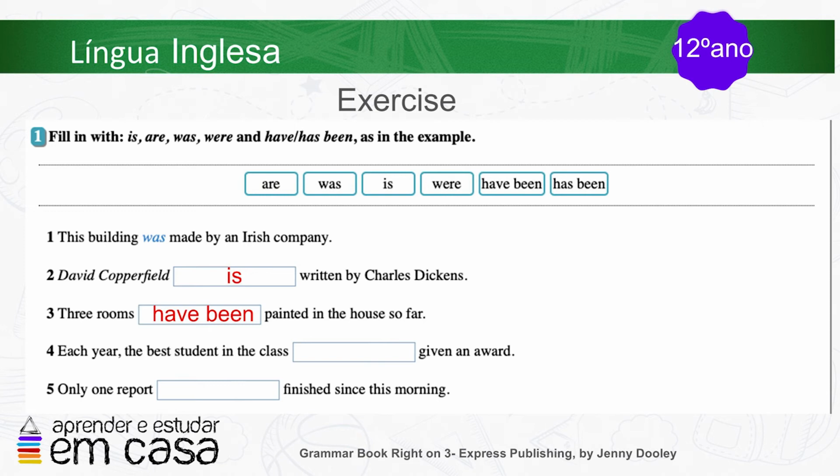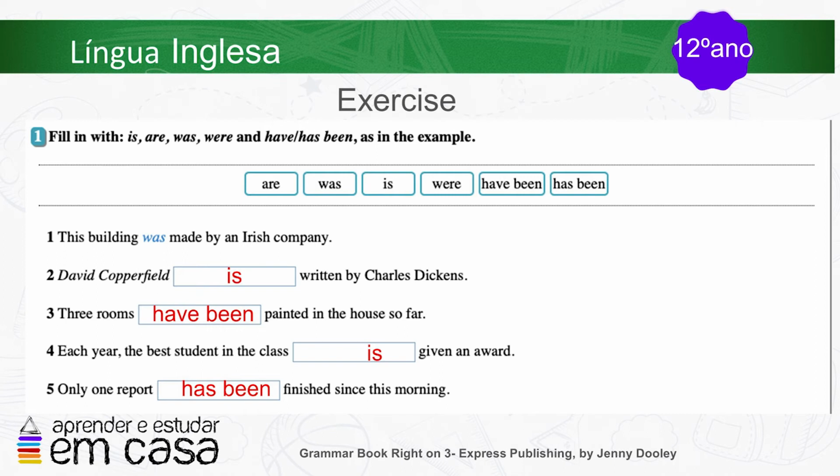Each year, the best student in the class is given an award. The best student, just one student, that's why we use is given. Only one report has been finished this morning.